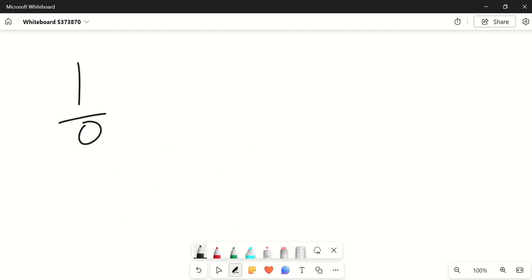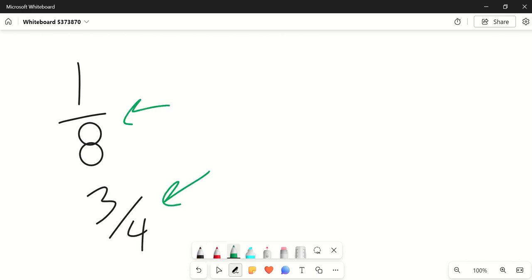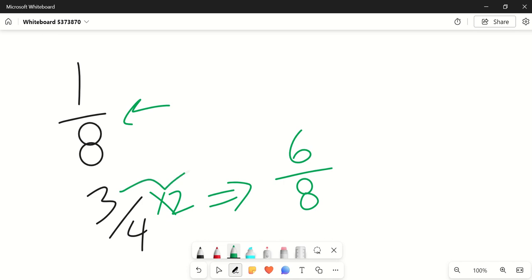I have 1/8 and 3/4. In order for me to figure out which one of these two is bigger, I need to have the same denominator in order to compare the two. For example, 3/4 can be turned into a denominator of 8 if I multiply both numbers by 2. That will become 6 over 8. 3 times 2 is 6. 4 times 2 is 8.